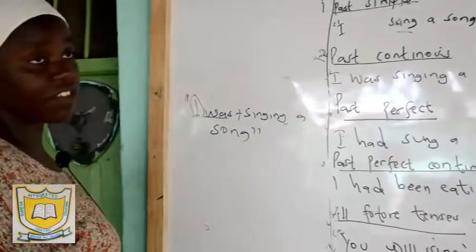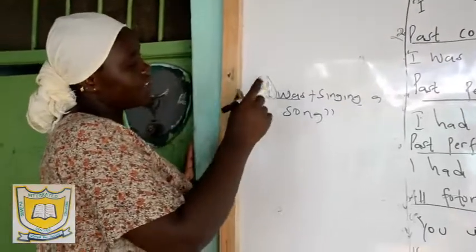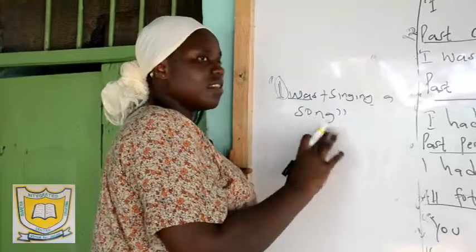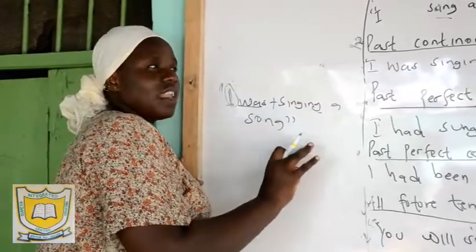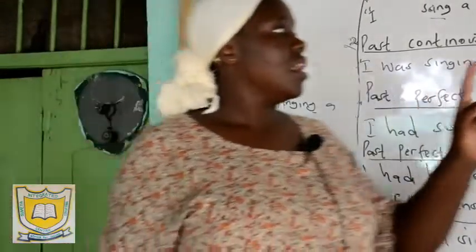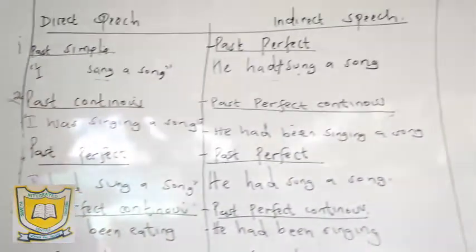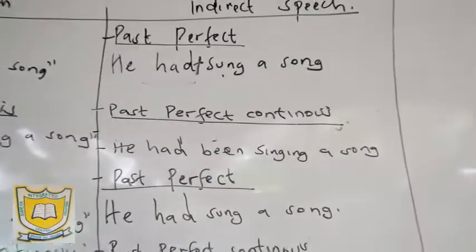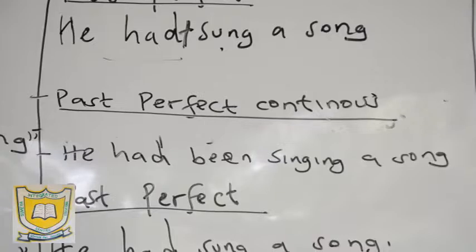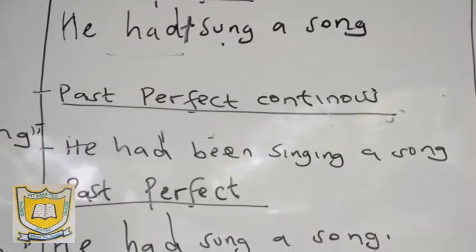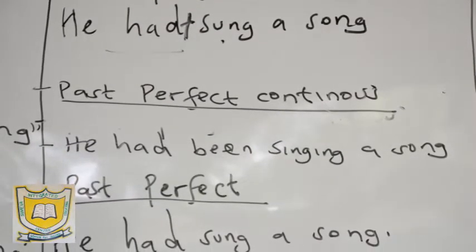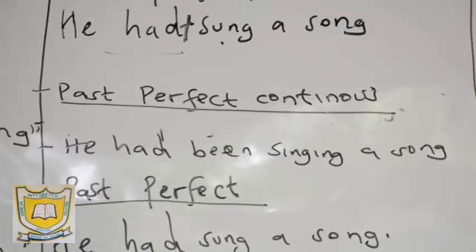That is direct speech. Now let's change this sentence from the past continuous tense. Past continuous direct speech changes to the past perfect continuous tense in the indirect speech. How do you form the past perfect continuous tense? By use of had plus been plus verb plus ing.